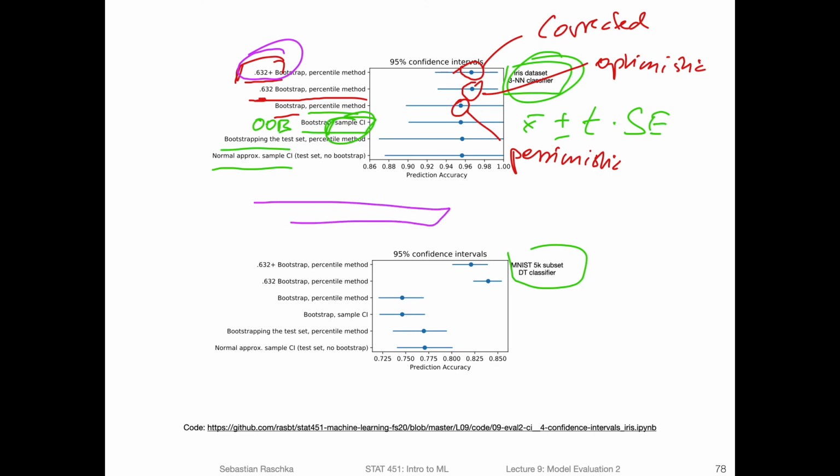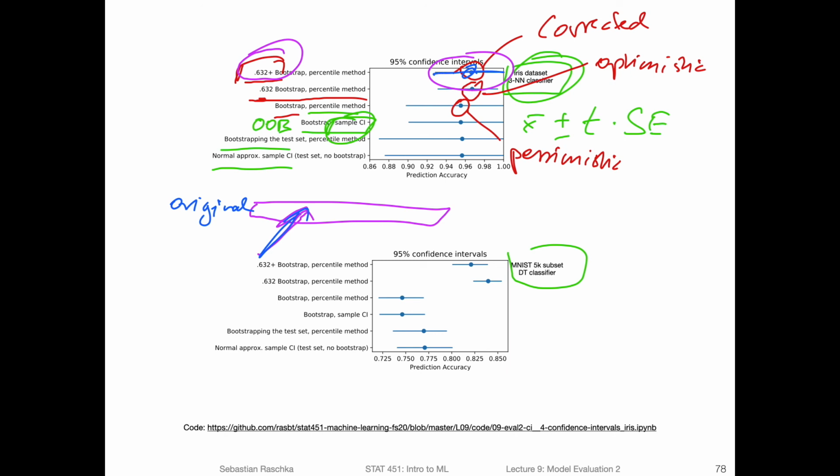So if you have a data set and you want to know how well the model performs, you just do the bootstrapping on that data set. You get the confidence interval and the mean performance, and then you just fit the classifier on this original data set, and you can expect that the performance of this classifier fit on the original data set is about the performance of this 0.632 plus bootstrap plus the confidence interval.